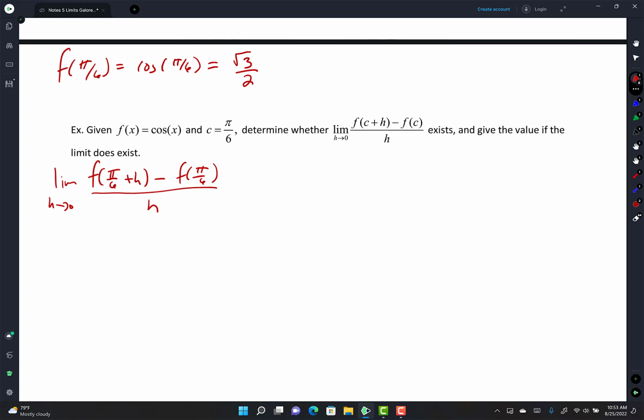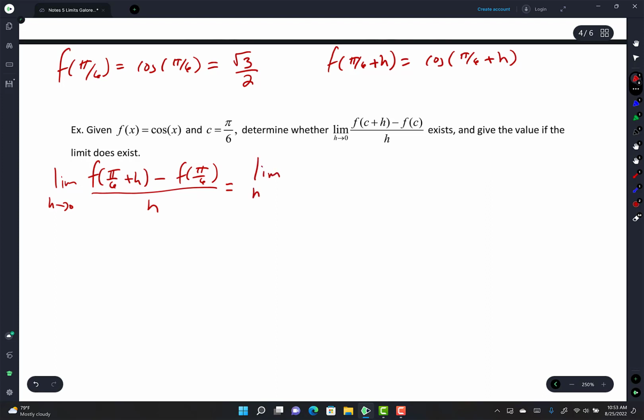Next, I need f of pi over 6 plus h. So that turns to cosine of pi over 6 plus h. So I'm going to come back over here. I'm going to write the limit as h approaches 0 of cosine pi over 6 plus h minus square root of 3 over 2 all over h.